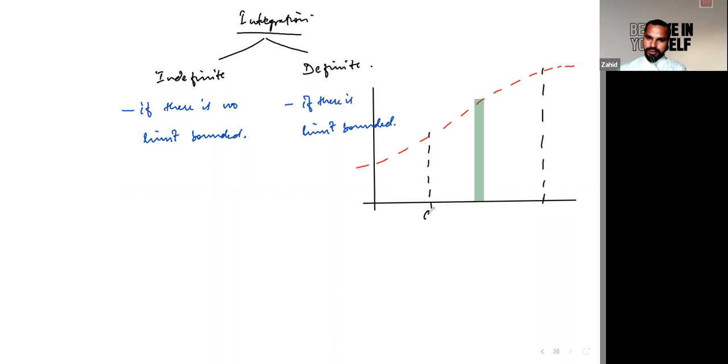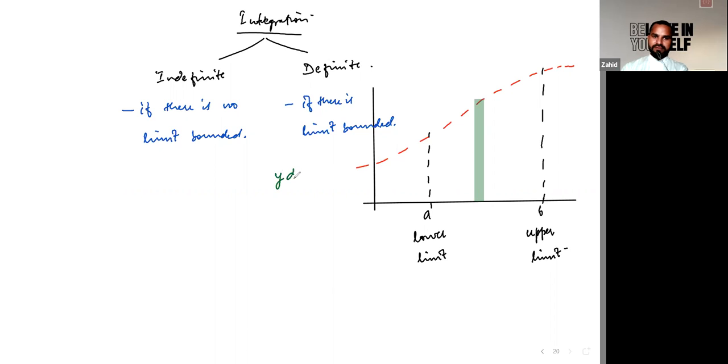So this particular point is termed as lower limit or starting limit of this particular calculation. And let's say this is your final point, so it will be termed as upper limit or the final point. So how to define it? I'm giving you some relation.